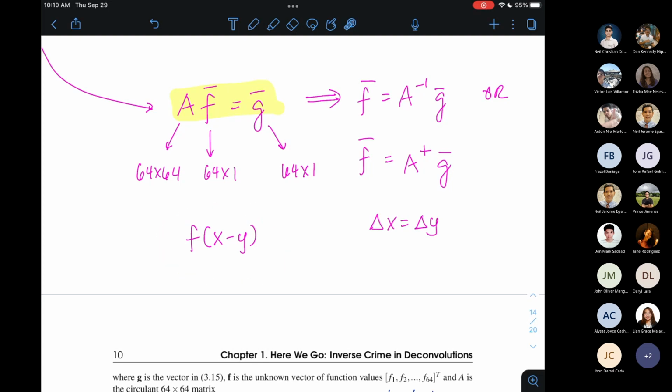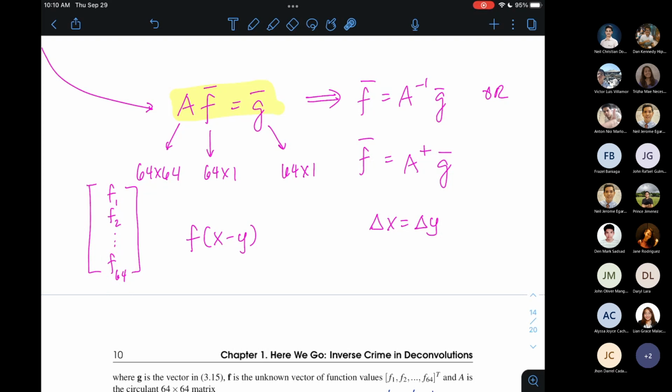Na kailangan ko dun sa loob ng integral with some elements of the vector f bar. Okay. Kasi ang laman ni f bar ay F1, F2 hanggang F64, right? So, yan yung mga laman ni F bar. So, si F1 ay 0, si F2 ay 1 over 64, si F3 ay 2 over 64, tapos si F64 ay 63 over 64 yung value niya.